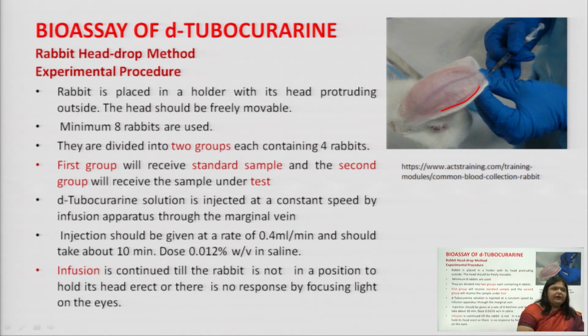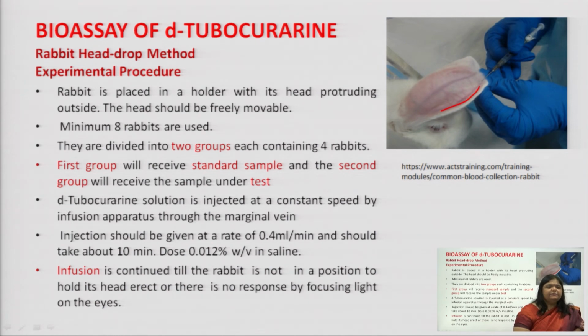Then D-tubocurarine is injected at a constant speed by infusion. It is not given as a one-shot injection but by infusion, and the infusion is continued till the rabbit is not in a position to hold its head erect, or there is no response when we focus light on the eye, that is, there is loss of the light reflex.